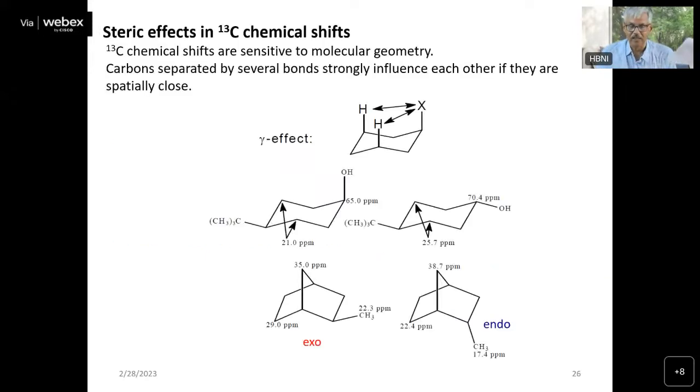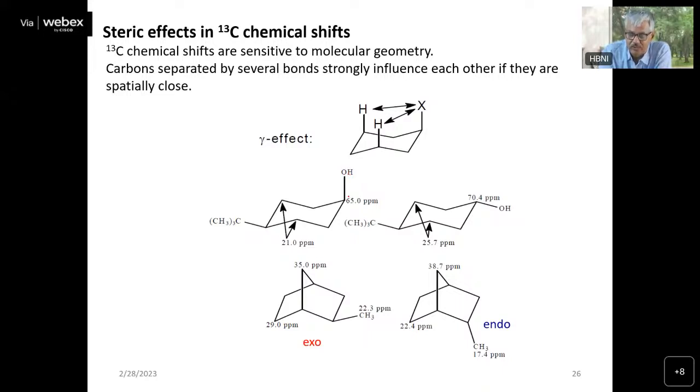So there is also the carbon chemical shifts, like proton NMR, they depend on the steric effect. If the molecule is sterically congested, you will see the carbon chemical shift goes to a higher value. For example, let us say this is a molecule where the stereochemistry is such that the hydroxyl has to be axial.